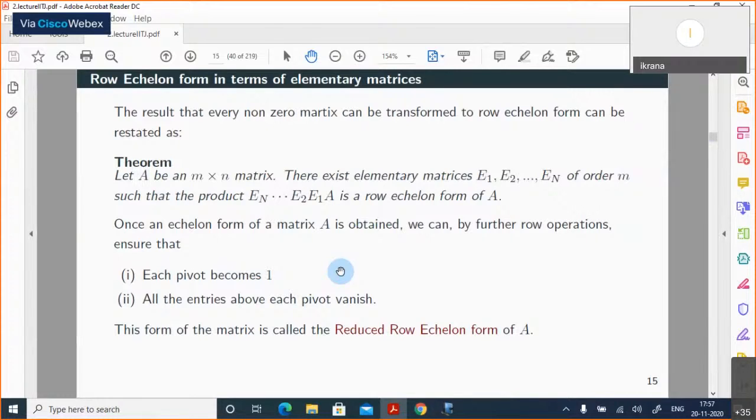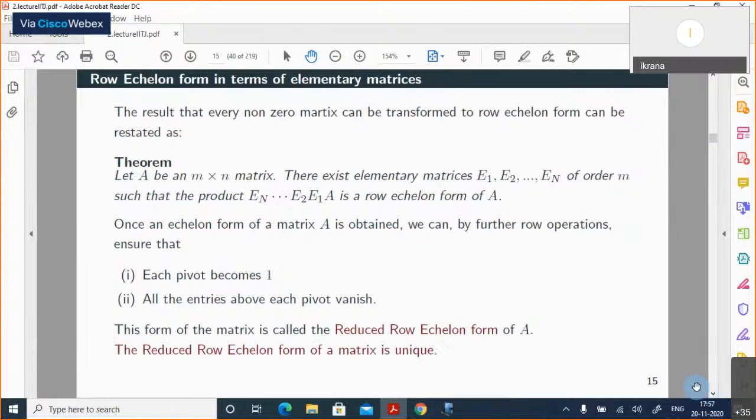Everything else will be 0. If we do that on a row echelon form, the matrix that we obtain is called the reduced row echelon form. The row echelon form is further reduced to a special form where the pivots are made 1 and everything else in that column is made 0.